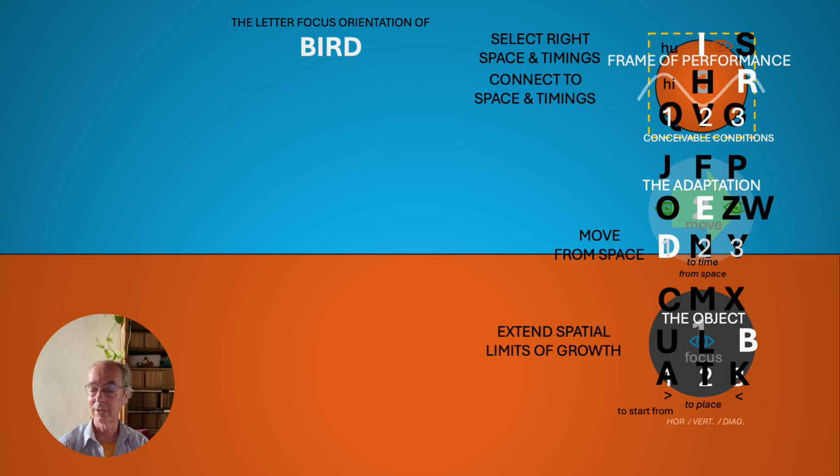So the letter D is the first one that appears there. It still starts from the first level, or space. It starts from space and it starts to look for something that moves, something that changed in time. So basically it is our first move from space onwards.